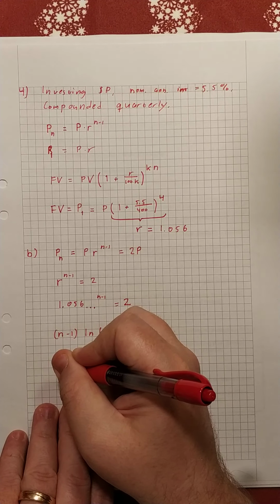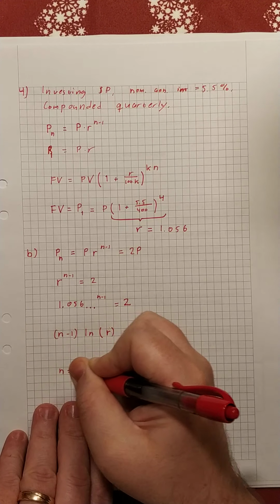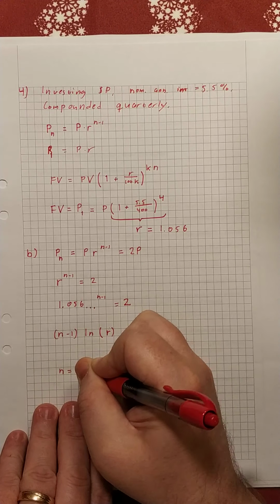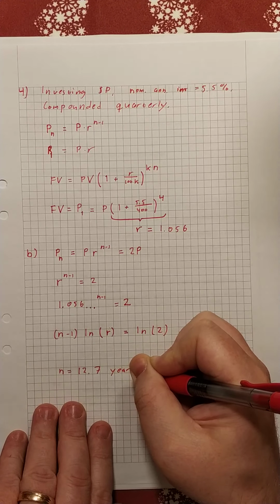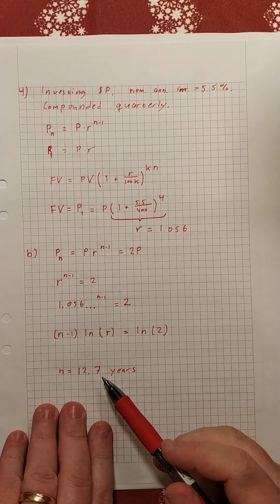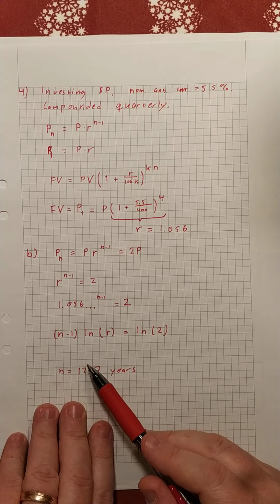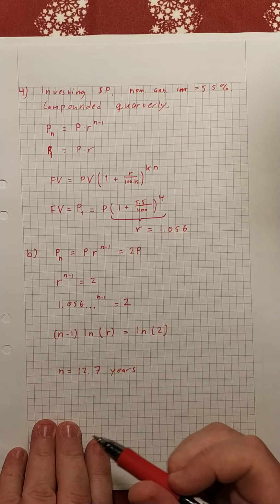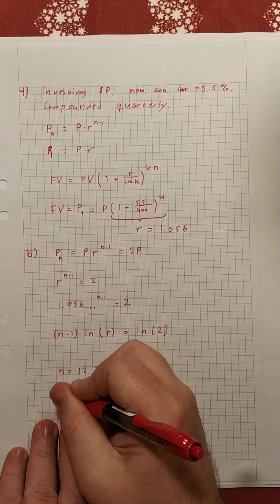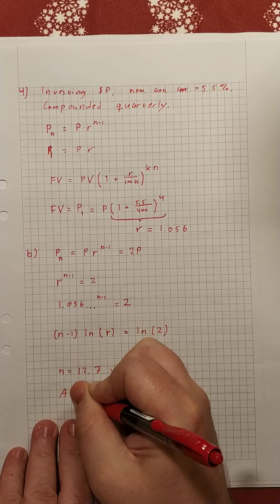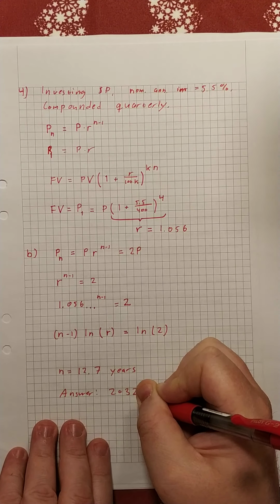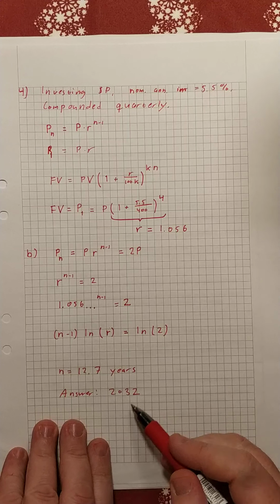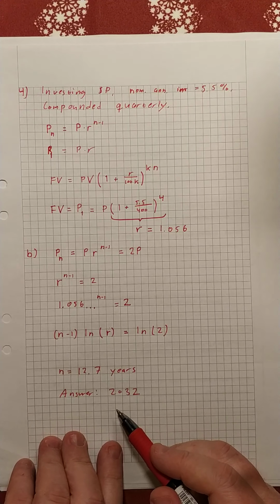Regardless of what we do, we find that n equals 12.7 years. So starting 1st of January 2020, this will happen in the year 2032. A bit after halfway through the year, the investment will have doubled.